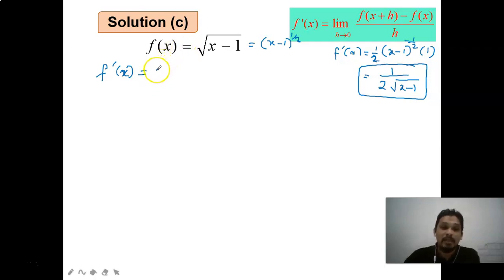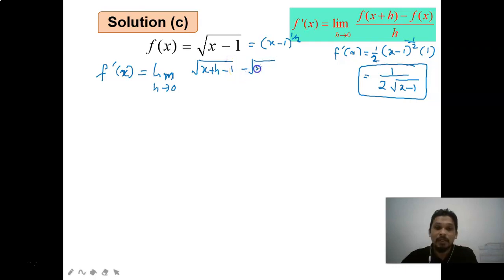Okay, so this is our reference, and we must get this as our final answer in our solution. Then f prime x equal to the limit as h approaches 0 of f(x plus h), the square root of x plus h minus 1, minus the square root of f(x), which is x minus 1, and everything divided by h.